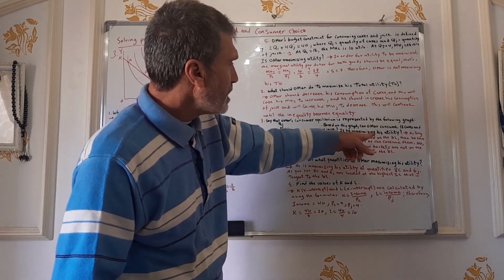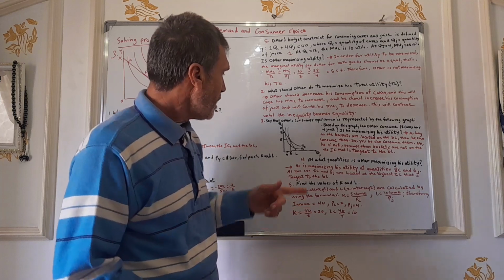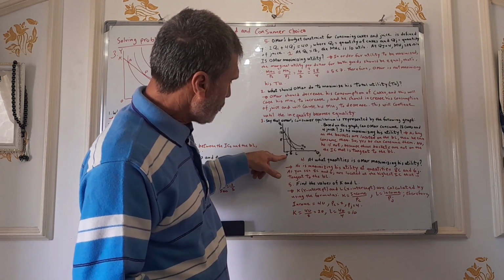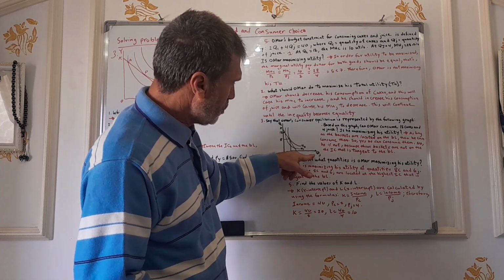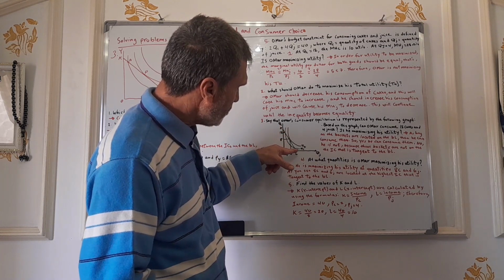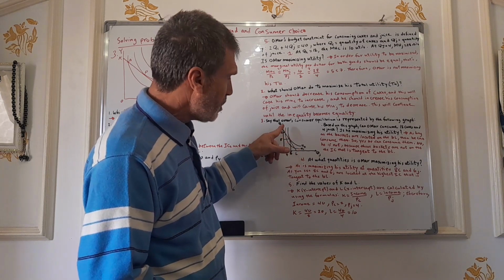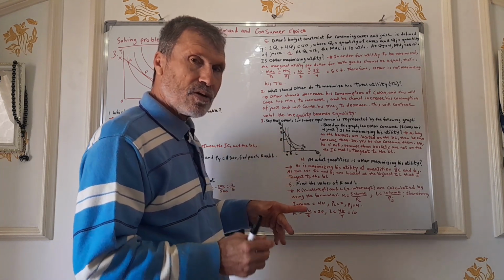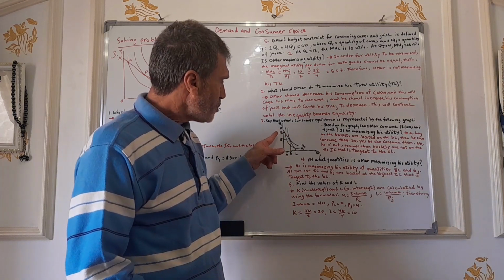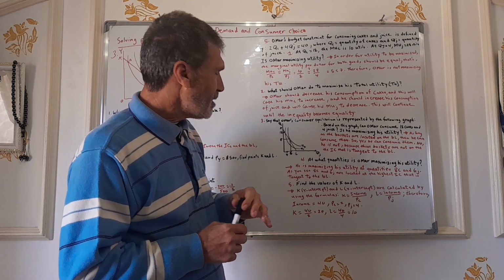However, is he maximizing his utility at 12 cakes and 4 juices? No. Why? Because 12 cakes and 4 juices are located on a lower indifference curve, which is U1, and U1 is not tangent to the budget line. So 12 and 4 are inefficient.